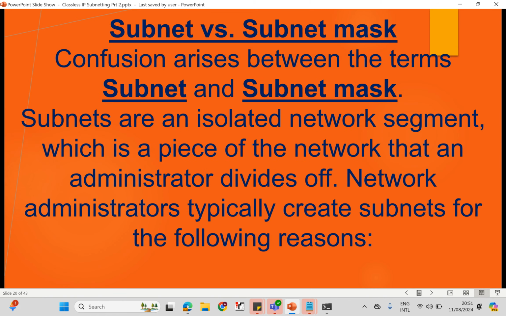However, we want to explain subnet first. Subnet is an isolated network segment, which is a piece of the network that an administrator divides off. Network administrator typically creates subnets for the following reasons.